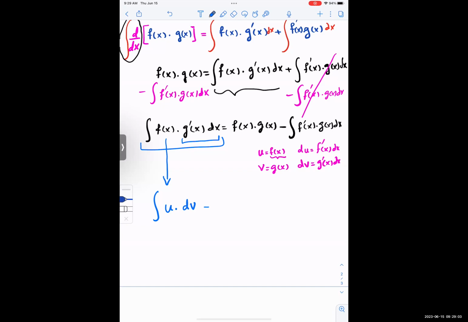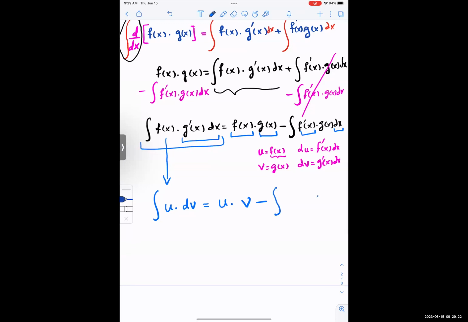U dv is equal to u times v for f and g, minus, instead of f prime dx, I'm going to put du, and instead of g, I'm going to put v.